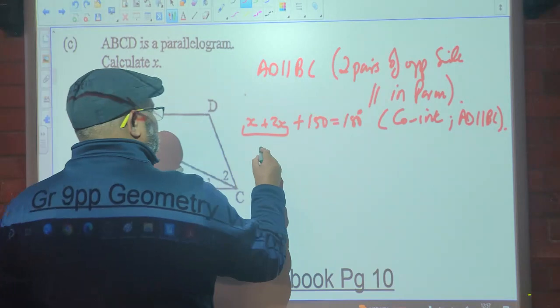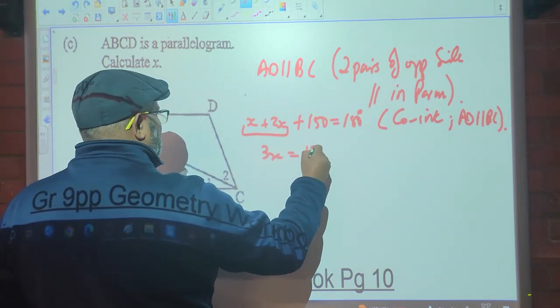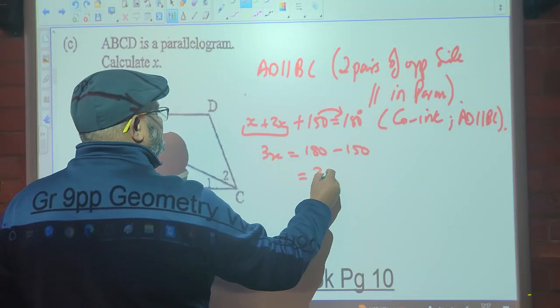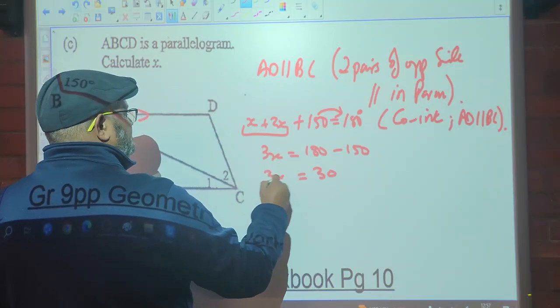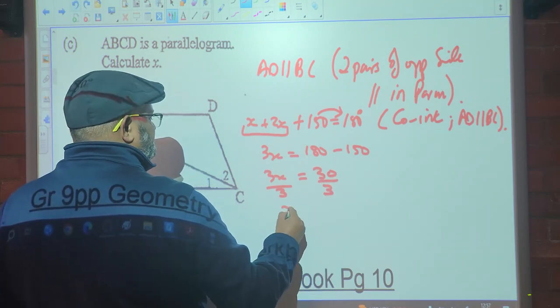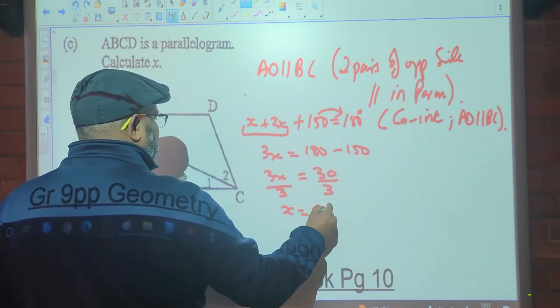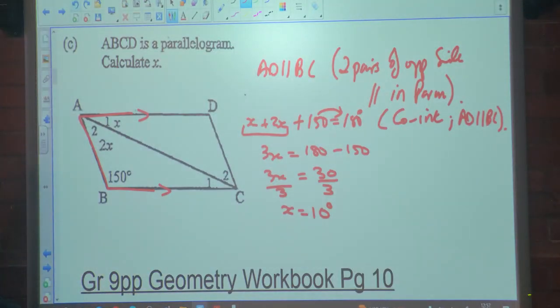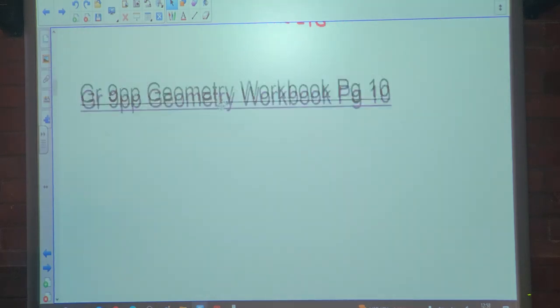So this 3x is equal to 180 minus 150, which is 30 degrees. But divide by 3 both sides. So x works out to be 10. Okay. You still on page 10? Yes, sir.